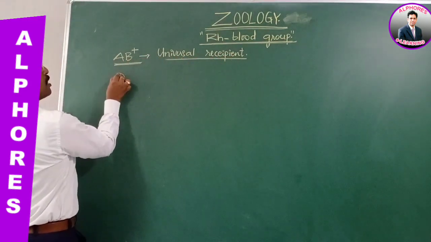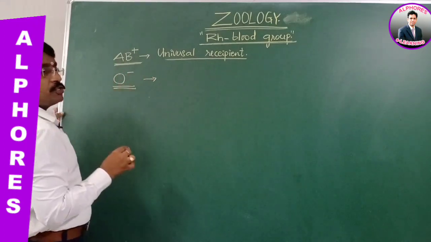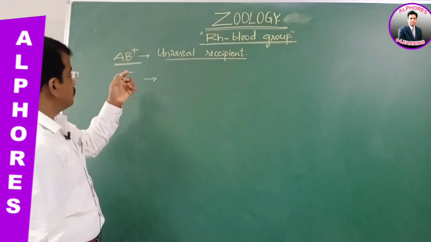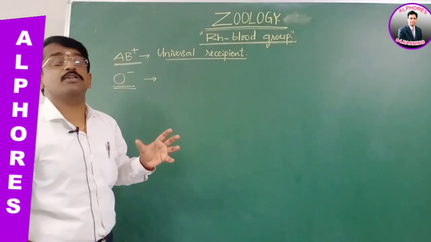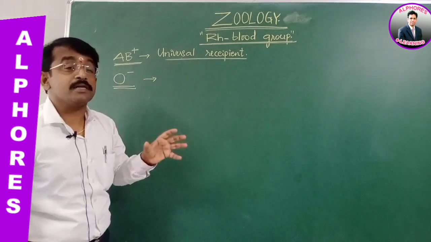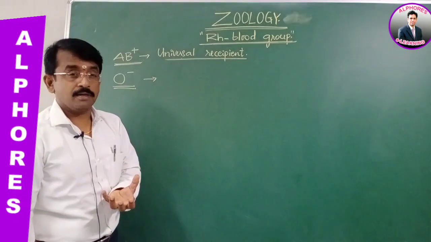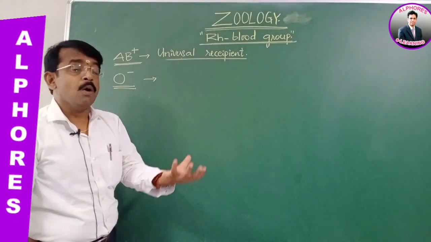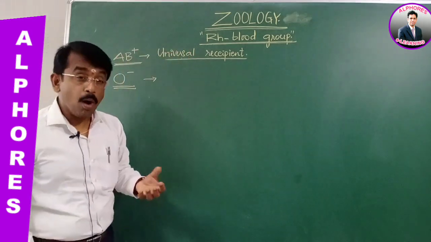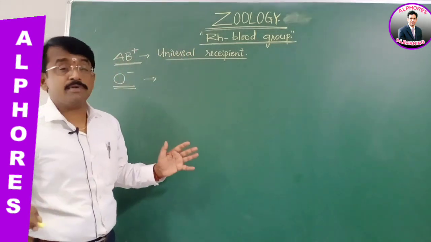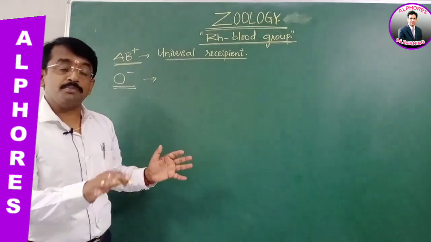In the same manner, the individual with no antigen is negative. For O blood group, it is to be particularly mentioned whether it is positive or negative. When AB positive is a universal recipient, correlatively O negative is the universal donor. Why? O doesn't have any antigens naturally like the A antigen and B antigen.